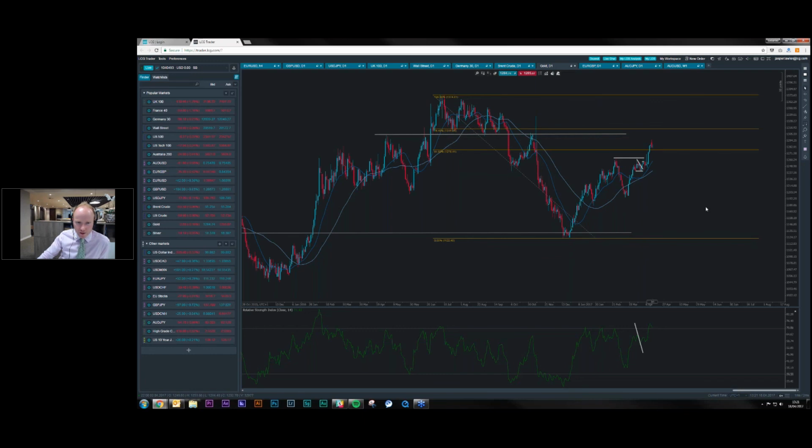Yeah, so we've broken through the 61.8, having a bit of a pause midway between the 61.8 and the 76.4. So it looks to have moved into a territory where it's no longer so much in a retracement of this move, but maybe a complete reversal.